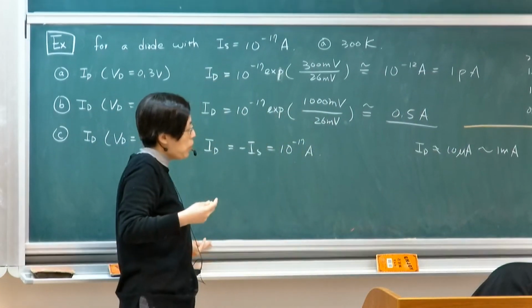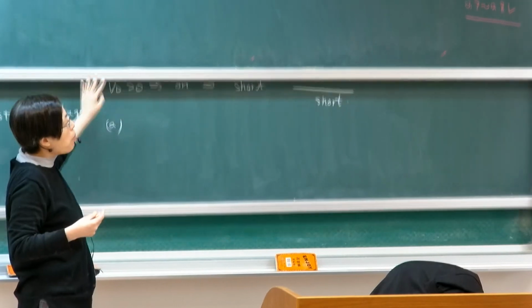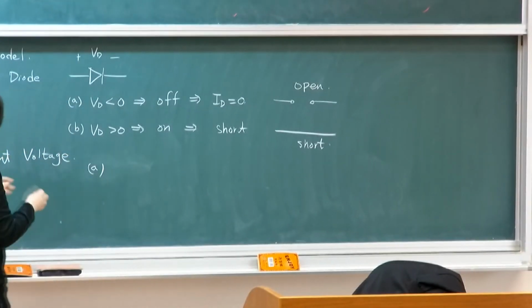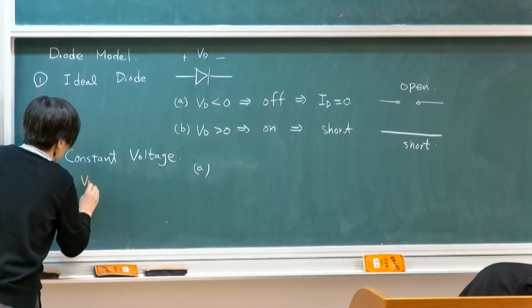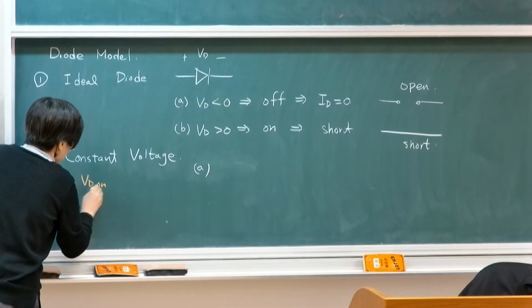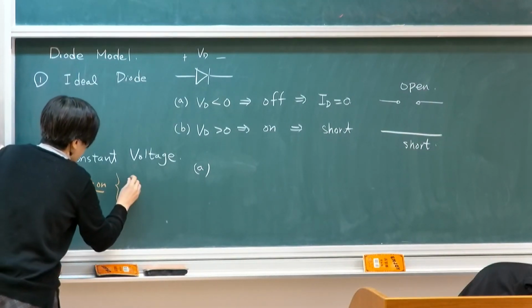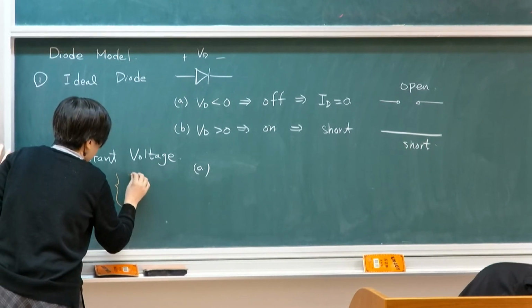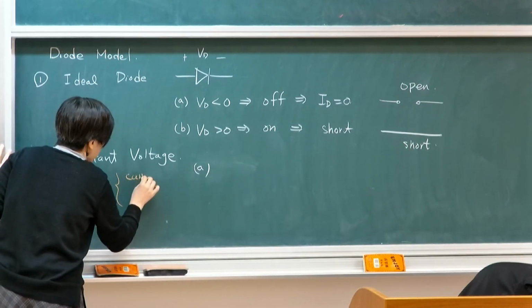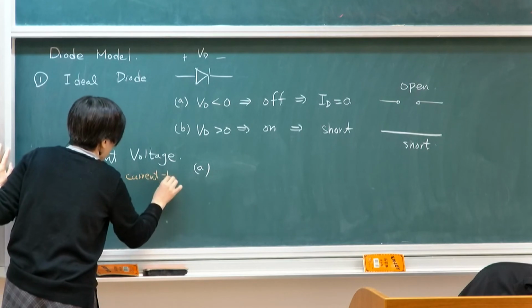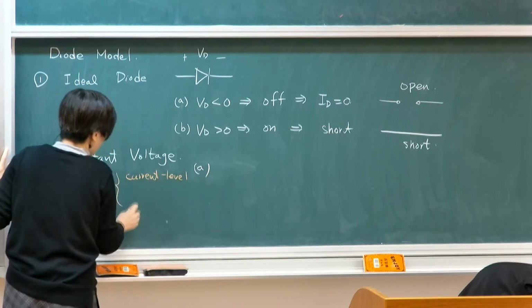So we're doing the transition based on our operating region. In the constant voltage model, you would then have one parameter, which is VD-on. This can be determined by the current level. As I said, you set your current level, and then IS.